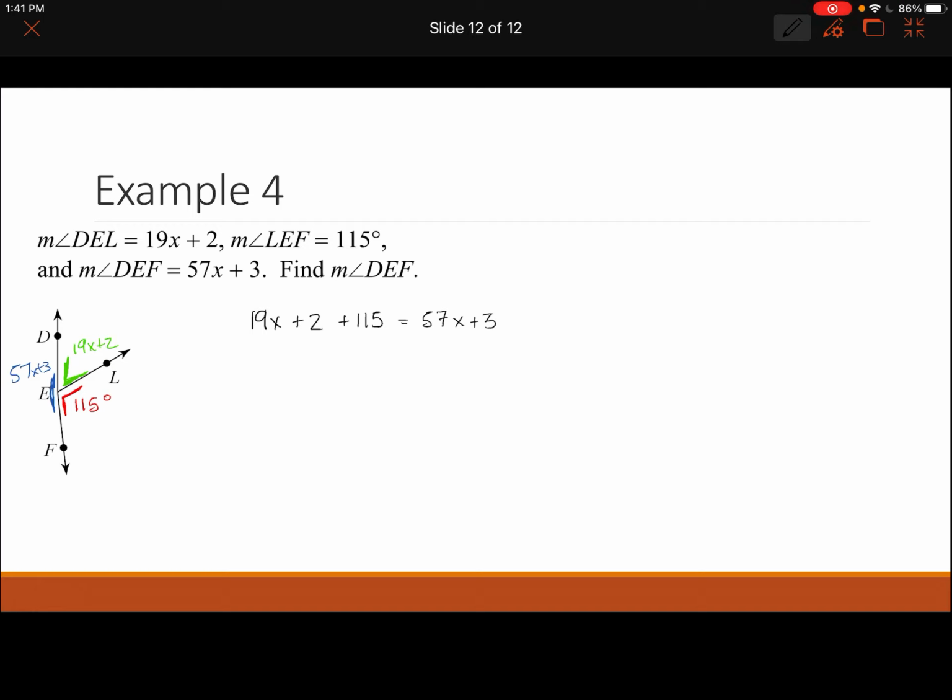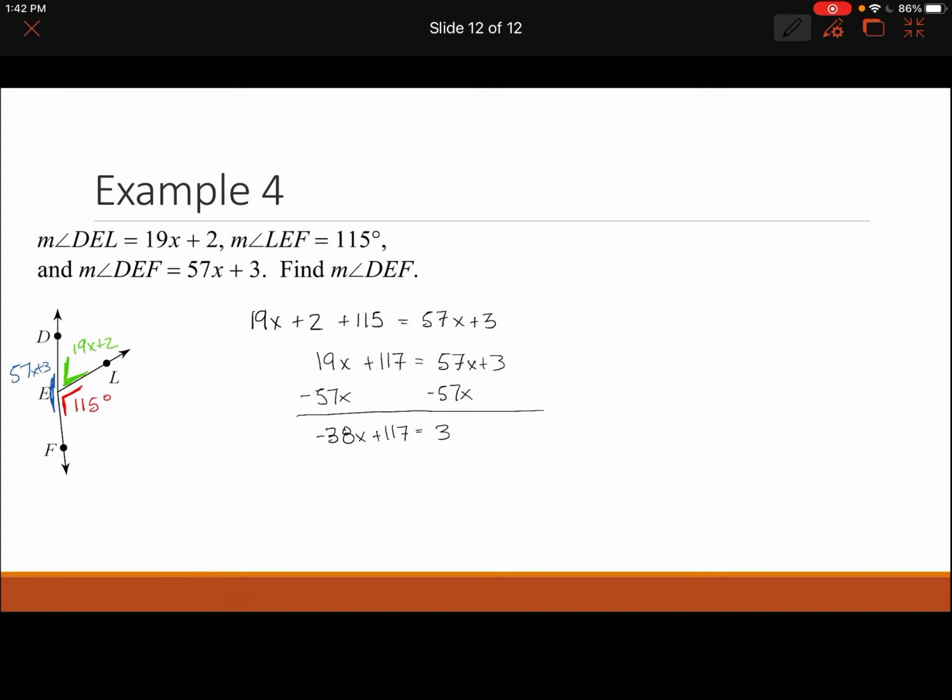So the first thing we can do is combine the 115 and the 2. So we get 19x plus 117 equals 57x plus 3. So next, let's say we subtract 57 from both sides. So we get minus 57x minus 57x. And that's going to give us negative 38x plus 117 equals 3.